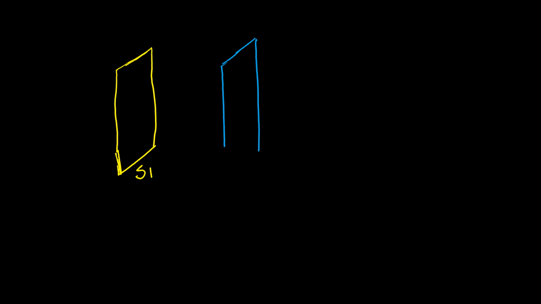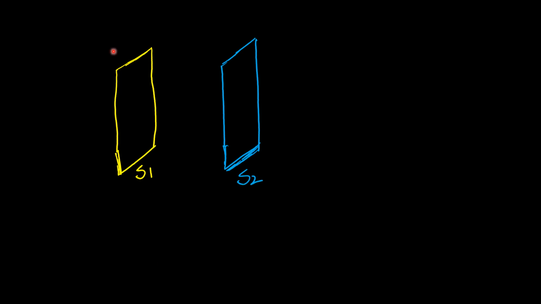Dear student, since you know that the parallel plate capacitor consists of two parallel plates, and these plates are basically conductors. Suppose this is parallel plate 1, and we name it S1, and there is another plate, and we name it S2.